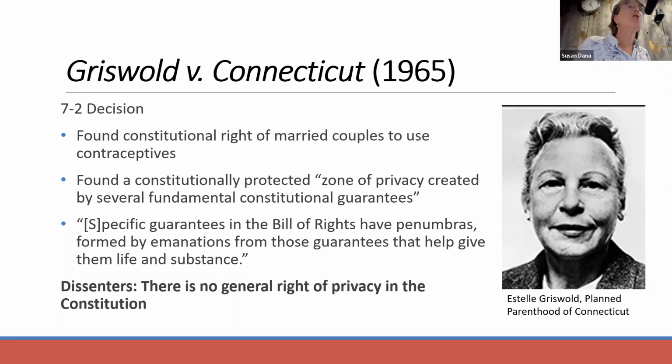A penumbra. So in my bio, I'm the classics major, so I love this. You know, my students roll their eyes when I talk about Latin and Greek, but penumbra is from paene, which means almost. Umbra means shadow. So it's like this shadow around the right not to house troops in your house.